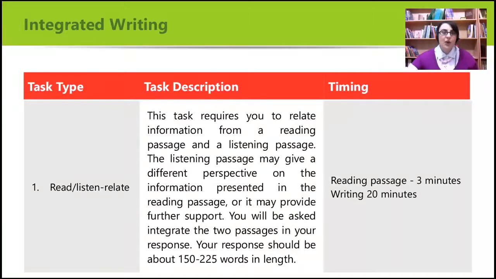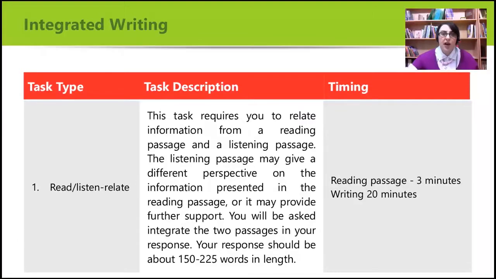Okay, so the task description, what you have to do here. You will read a short passage for 3 minutes, and then you will listen to a talk on the same topic. And your task is to relate the things that you have read and listened to.